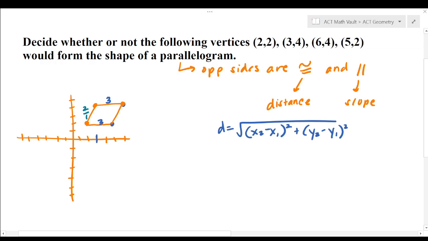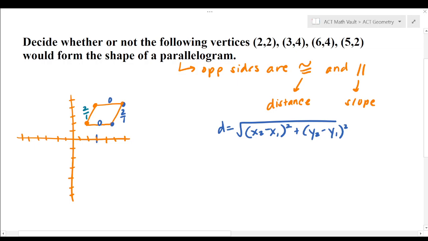So it seems like we could do kind of a hybrid here. We'll do the slopes of 2 of them and then the distances of the others. Because I proved that the slopes of these lines that are parallel are the same. And we know that the slope of a horizontal line is 0.